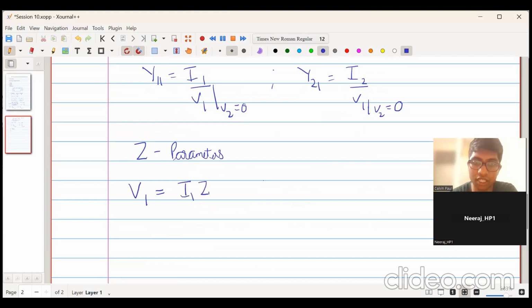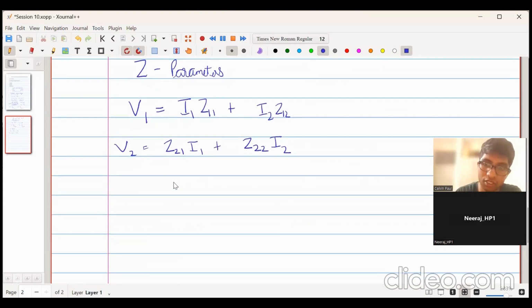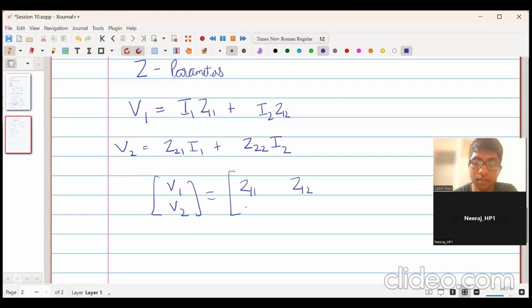V1 is equal to I1 into Z11 plus I2 into Z12, and V2 is equal to Z21 I1 plus Z22 into I2. So these are the equations for the Z parameters, and we write it in matrix form like this: V1 and V2 is equal to Z11, Z12, Z21, and Z22 in terms of the currents I1 and I2.